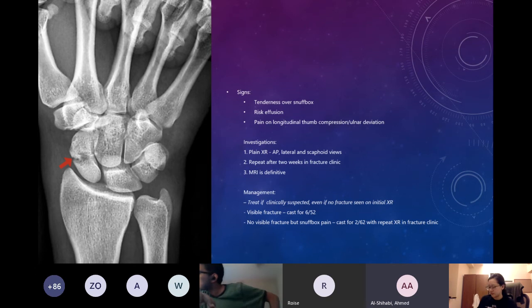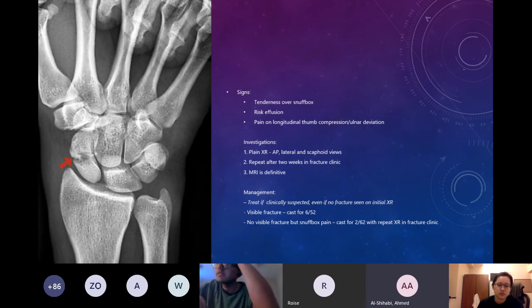So you will want to see them in a fracture clinic. Ideally, in 6 weeks. Some people do it in, I think the majority of cases is done within 2 weeks. Well, no, hang on, sorry.